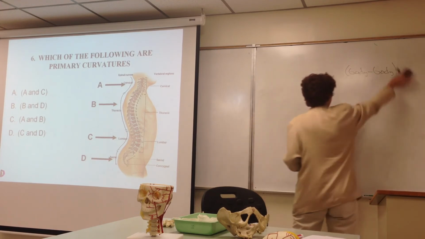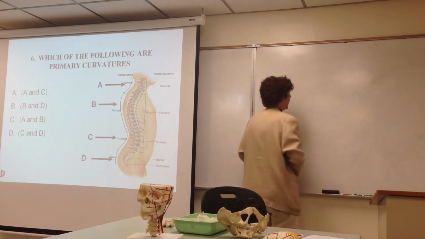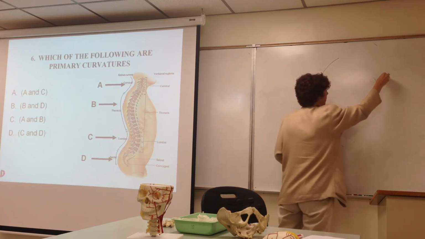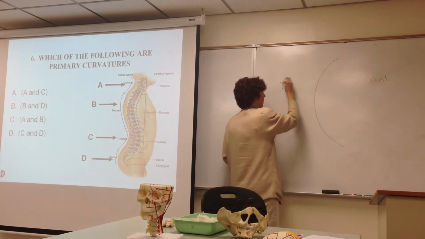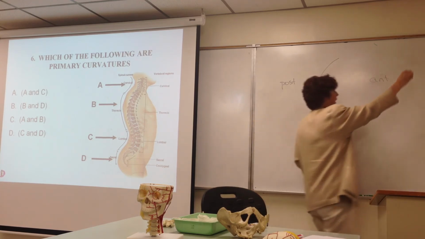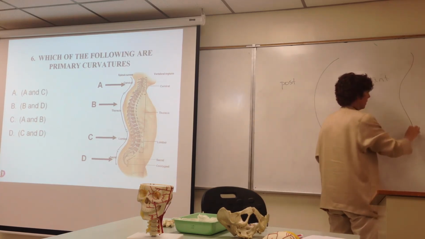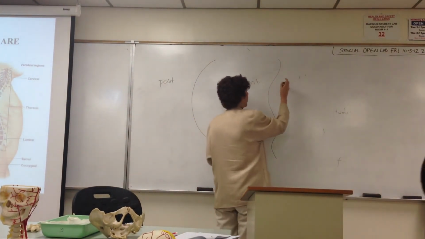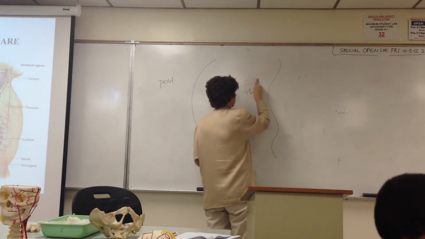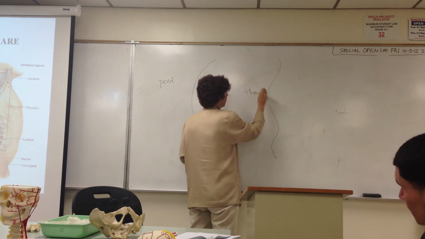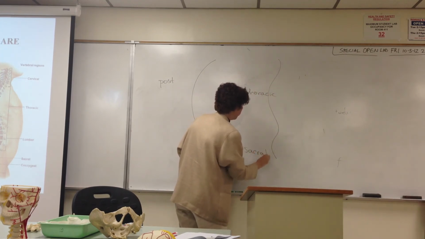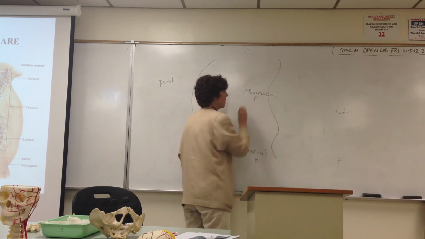So if we're starting out with a curvature like this, anterior and posterior, and then we develop a curvature that looks like this, the two that maintain that orientation are thoracic and sacral. Those would be primary curvatures.